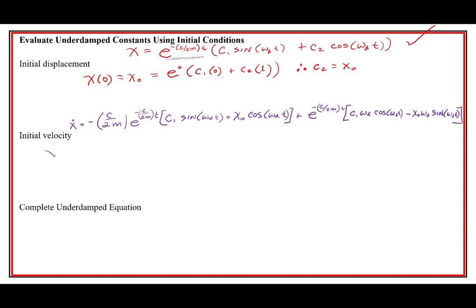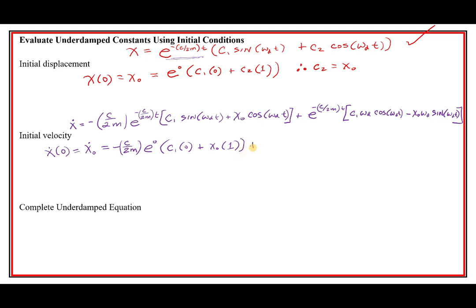So we have x dot of 0, which of course is x dot naught. Let's see what we can get rid of here. We start out with negative c over 2m, and e to the 0 is 1, times C1 times 0, so that doesn't count for anything, plus x naught times 1, because the cosine of 0 is 1.